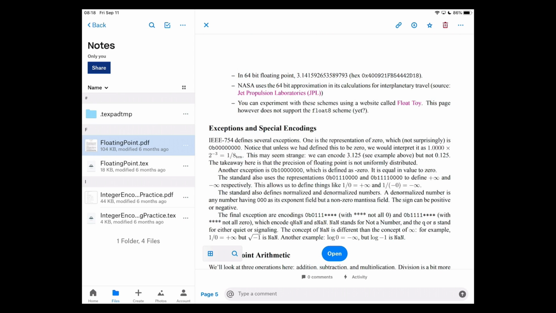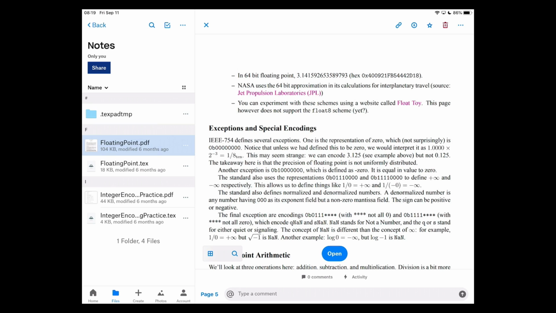Well, it knows to do that because the encoding of the result from the floating point unit is the thing for plus infinity or minus infinity. And so it's going to say, oh, I just got plus infinity as an answer, I'll display error to the user in that specific situation.